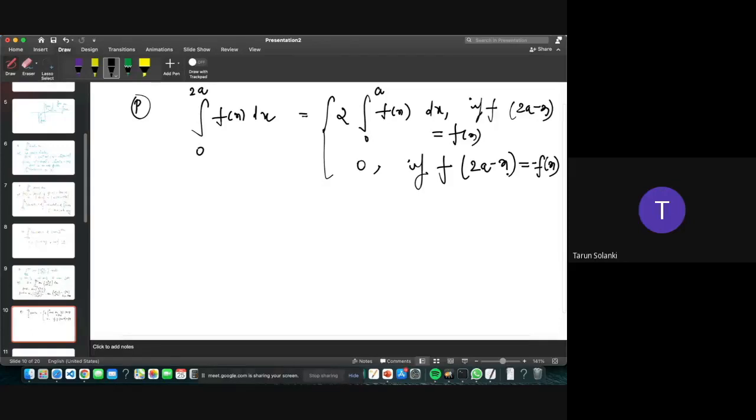Graphically, if f of (2a minus x) is equal to f(x), then the graph of this function is symmetric about x equals a, right?